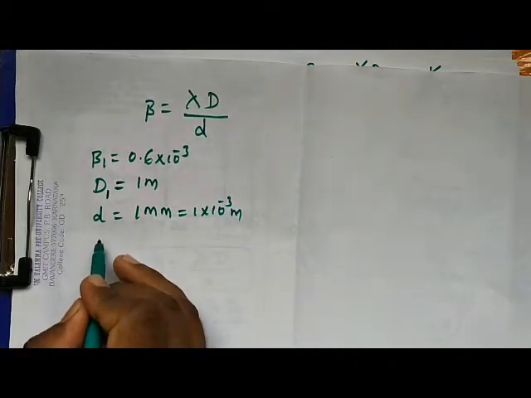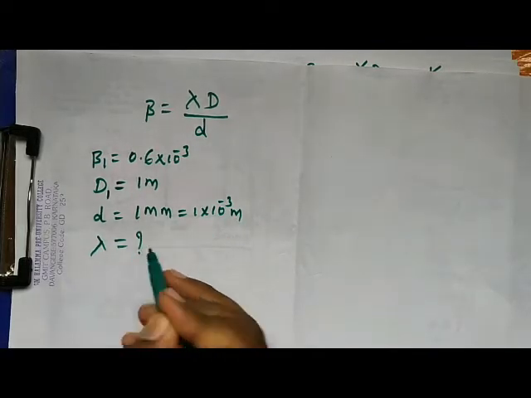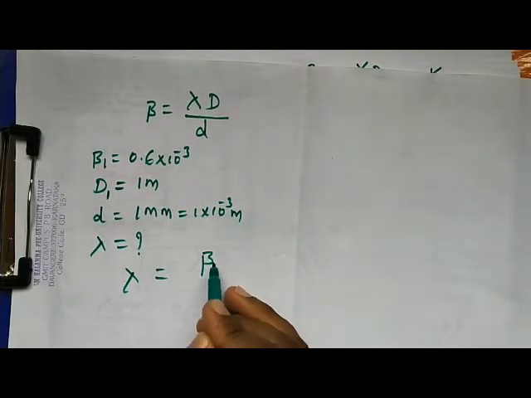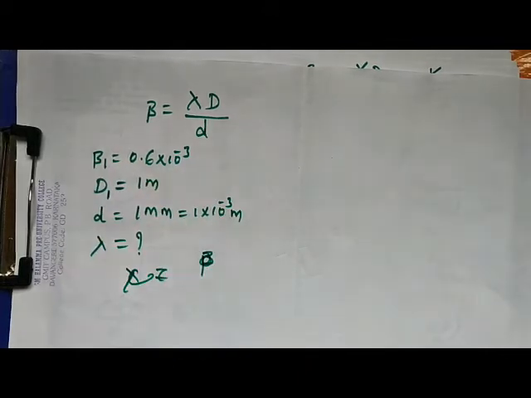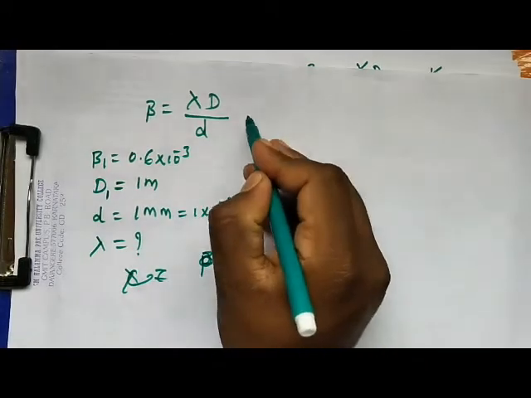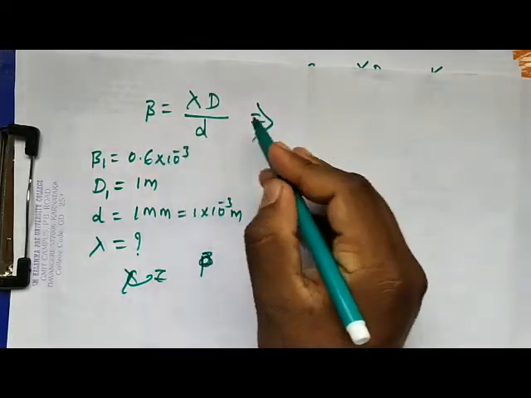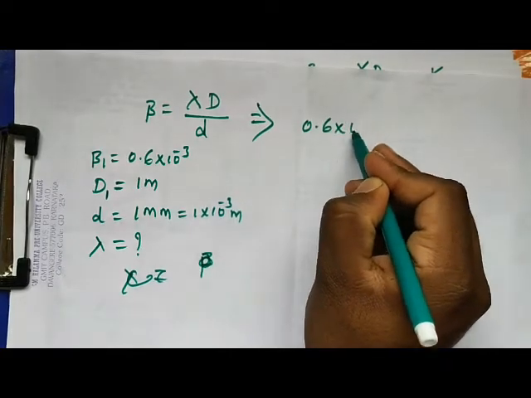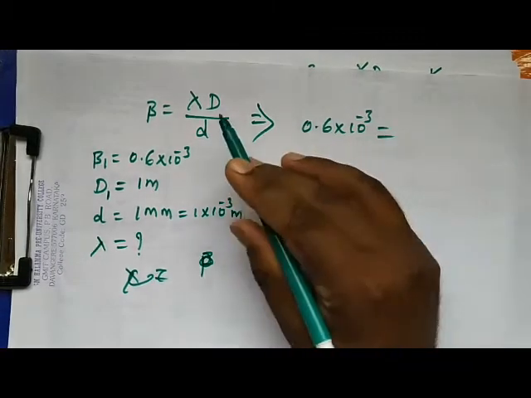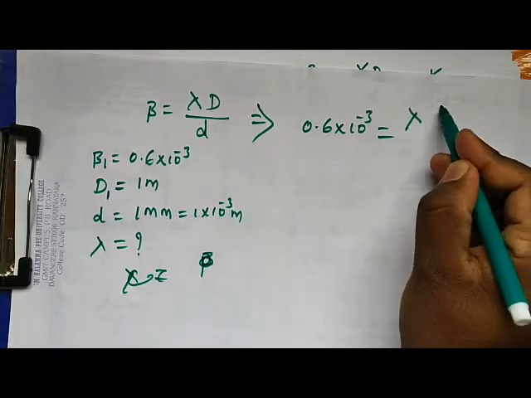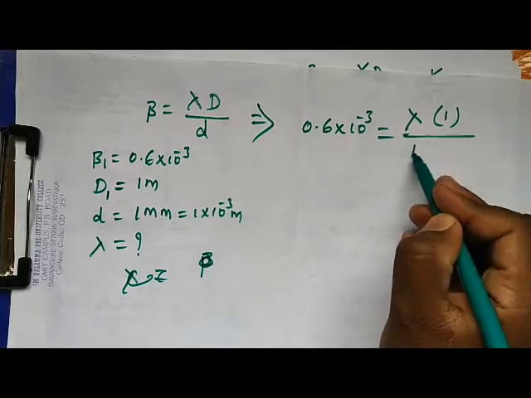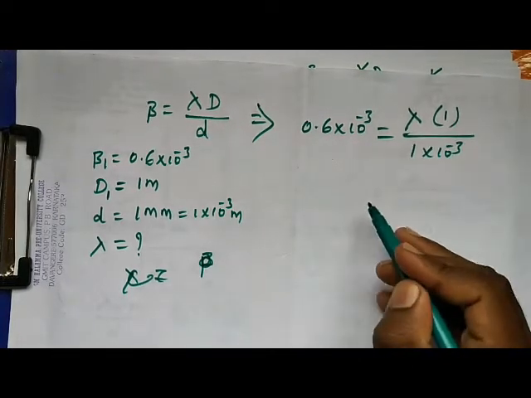So now we need to find out lambda. Directly substituting the values, it is easy to simplify. Beta is 0.6 into 10 to the power of minus 3, which is equal to lambda, with D value 1 meter, divided by the distance between the two slits, 1 into 10 to the power of minus 3.